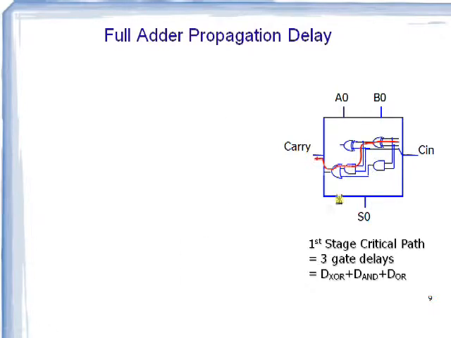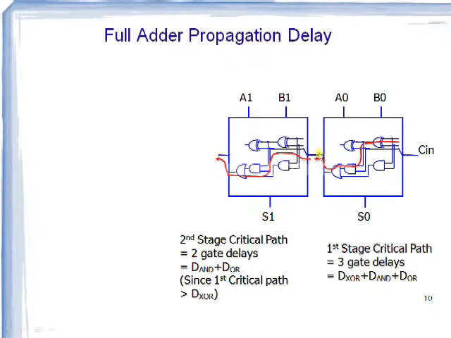Now this carry out is given as an input to the next stage, and it is propagated to the output through AND and OR gates. Therefore the second stage critical path would include only 2 gate delays, that is the AND gate as well as the OR gate. So only in the first stage we get 3 gate delays, and in the remaining stages we get 2 gate delays, that is AND and OR.